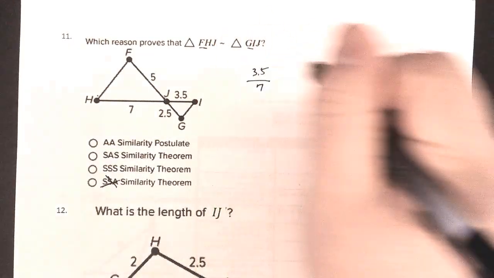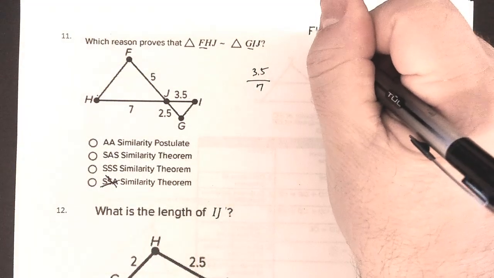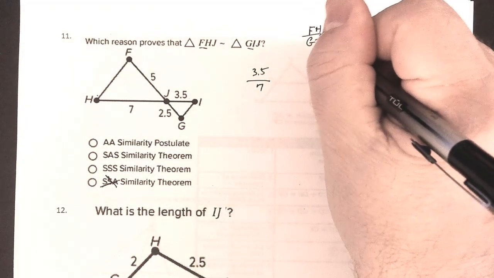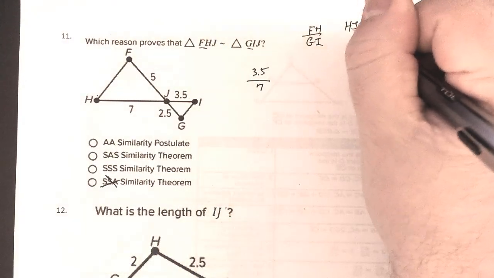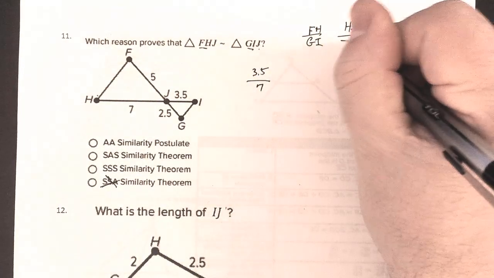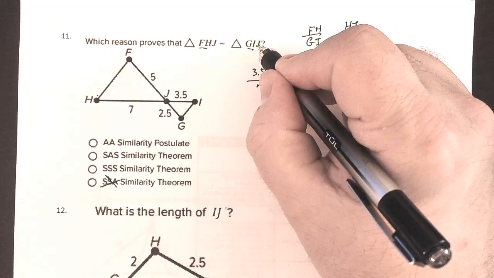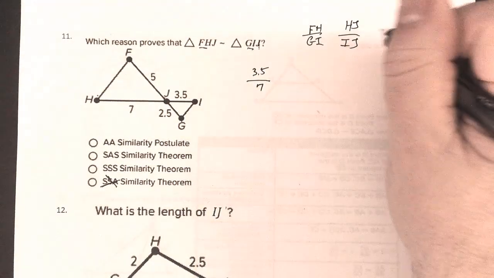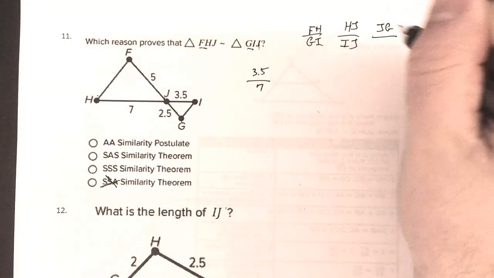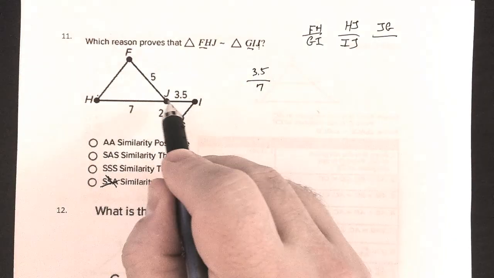So it would be FH over GI, which were blank, HJ over IJ, which is this, and then JG over JF.